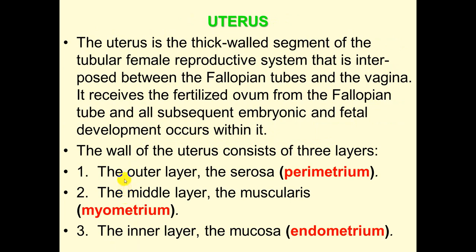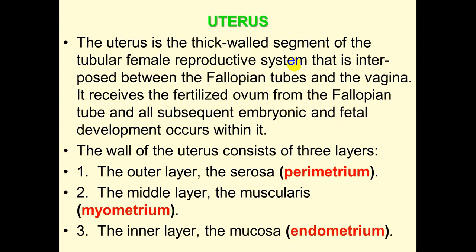Now some words about the uterus. The uterus is a thick-walled segment of the tubular female reproductive system. I want to tell you that the uterine tubes and uterus develop from the paramesonephric duct, the Mullerian duct.